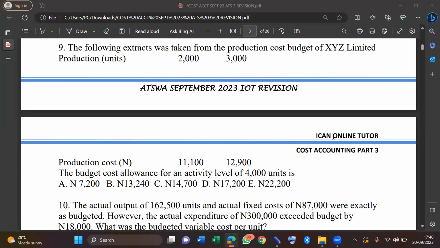What is the budget cost allowance for an activity level of 4,000? I'm waiting.